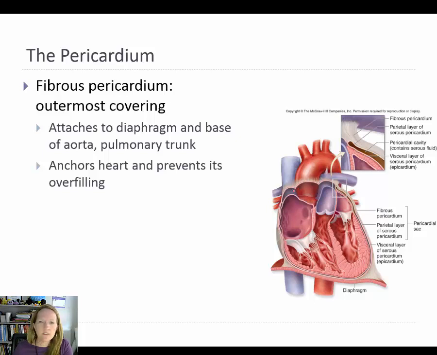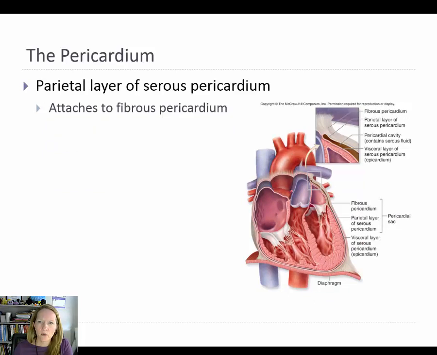All right, now let's dive into that serous membrane. We are going to first take a look at the parietal layer of the serous membrane. I typically just refer to it as parietal pericardium. As you can see, it is going to attach to, if you look right here, the fibrous pericardium.